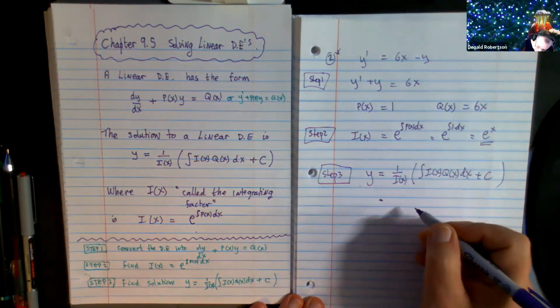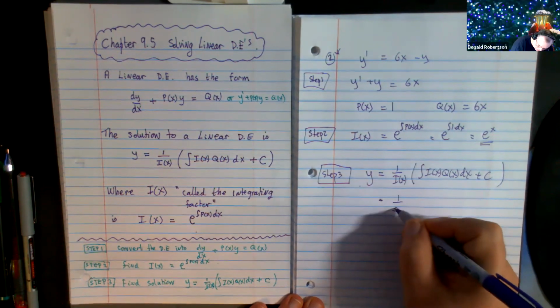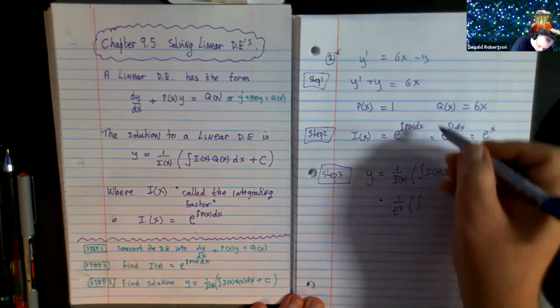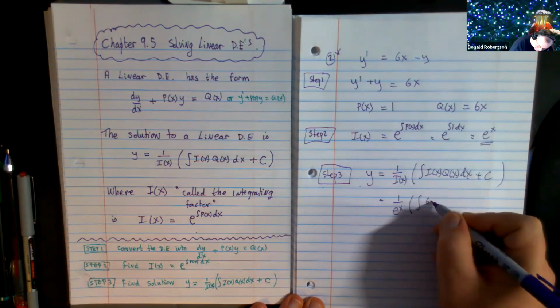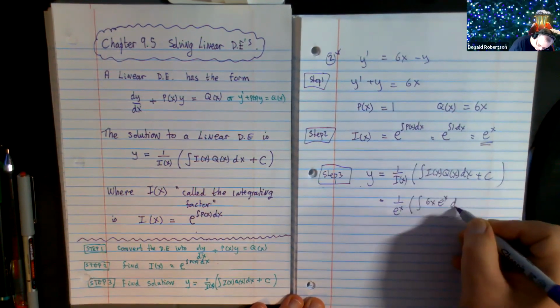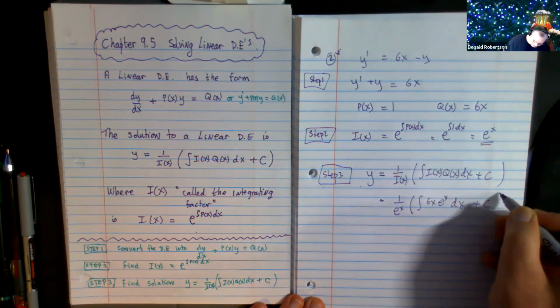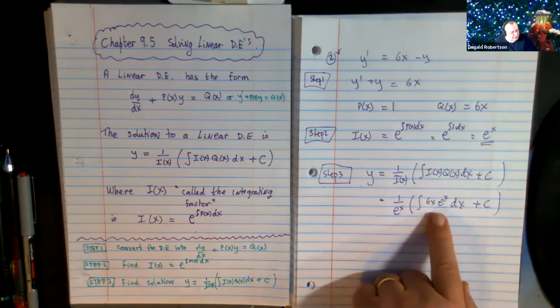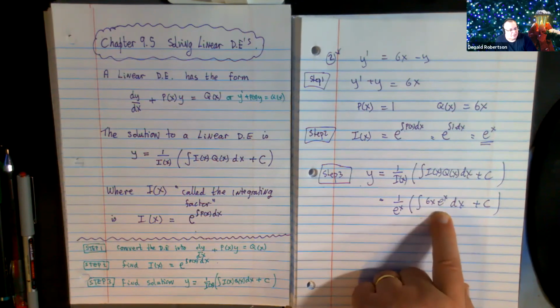And I of x is e to the x. And e to the x times q of x, if I rewrite them in a slightly different order, dx plus c. Do you now see an integration by parts situation? Great.